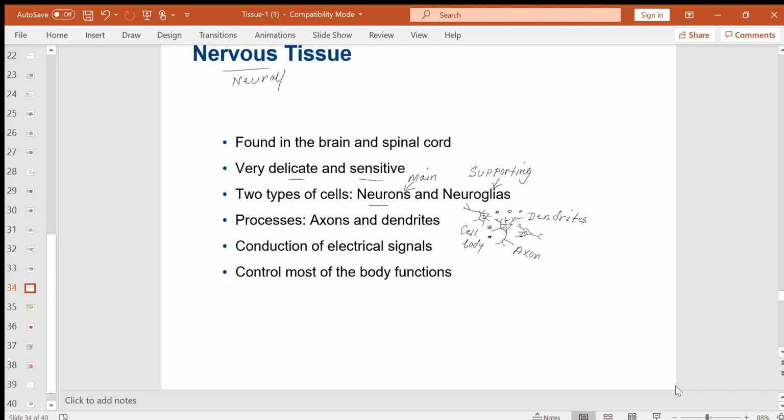So these are the nuclei of the glial cells. Neuroglia, supporting cells. Okay, so that is how the neural tissue is made up.